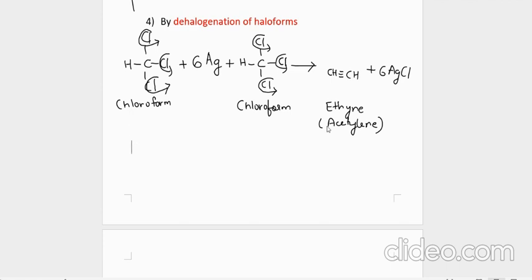Now coming to the last reaction, that is by Kolbe's electrolytic reaction. In Kolbe's electrolytic reaction, we are going to start with the potassium salt of maleic acid. Now how is this potassium salt written? You are going to write down CH double bond CH, and satisfy the last bond with COOK.